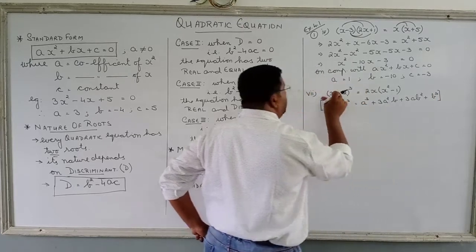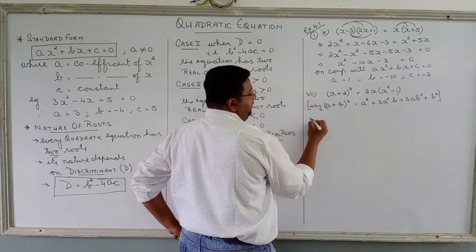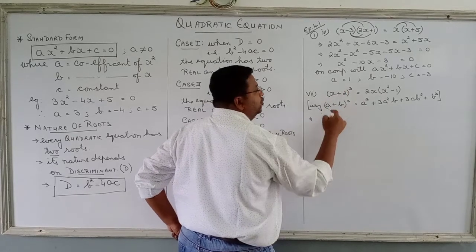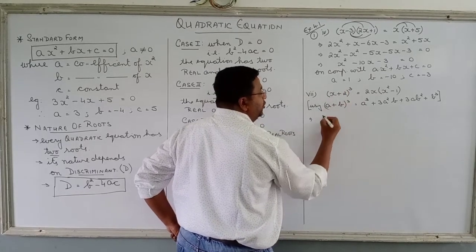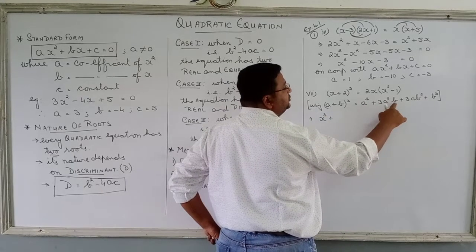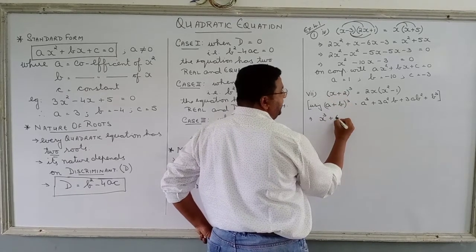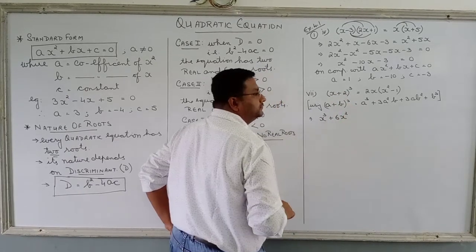For those who have forgotten the identity, using it for x plus 2 whole cube, a plus b whole cube: x cube, plus 3 into a squared b, 3 into x squared into 2, so 6x squared.